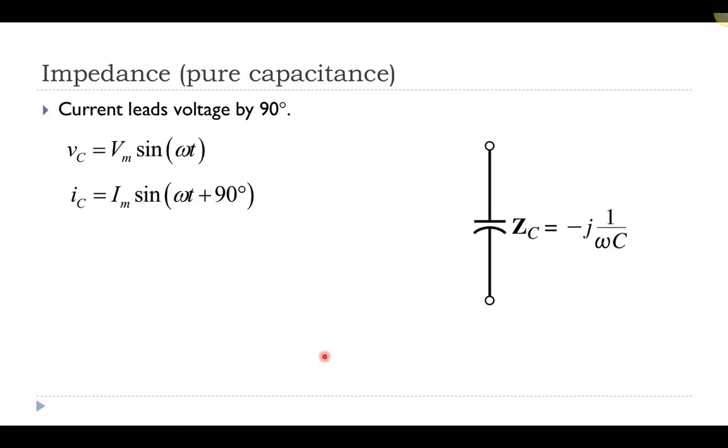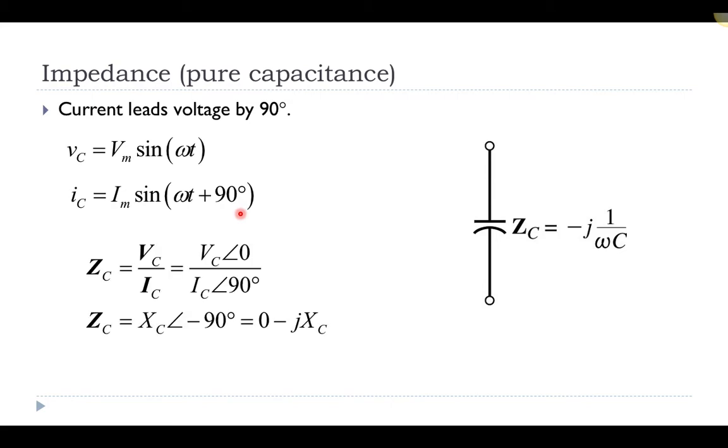So let's think about impedance values if I have a purely capacitive circuit. We know that the current leads the voltage by 90 degrees, so if I have a voltage that has a zero phase shift, that means my current through that capacitor is leading by 90 degrees.